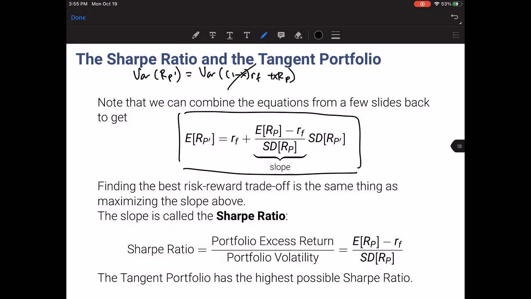That's going to give us the variance of RP, and then we multiply by x squared because we're factoring out the constant. Whenever you do that for variance, you have to square it. Then let's take the square root to get the standard deviation of RP prime. That's going to give us x times the square root of the variance of RP.